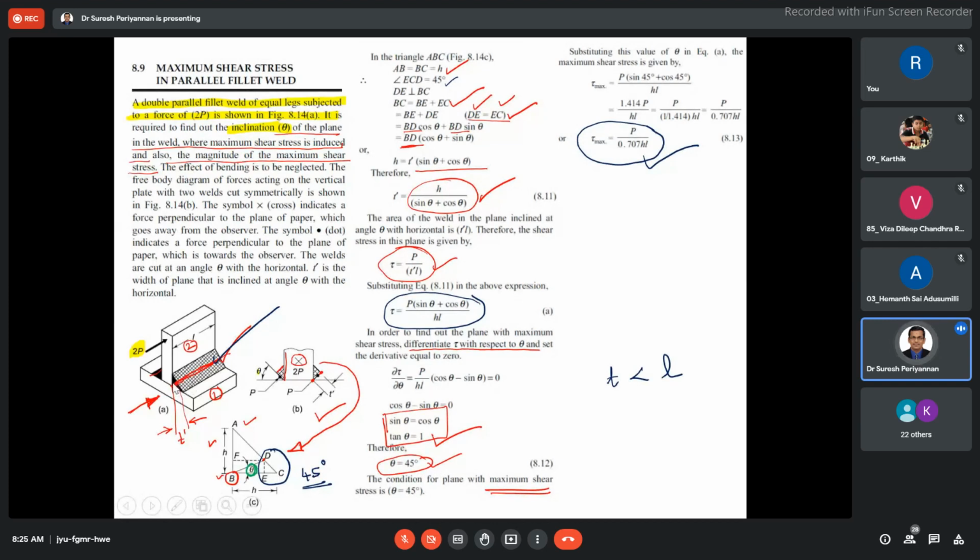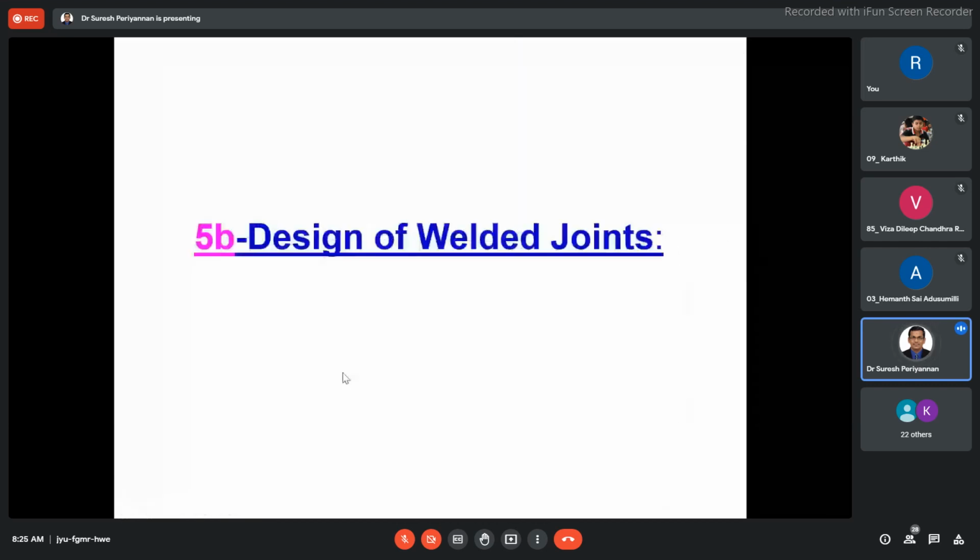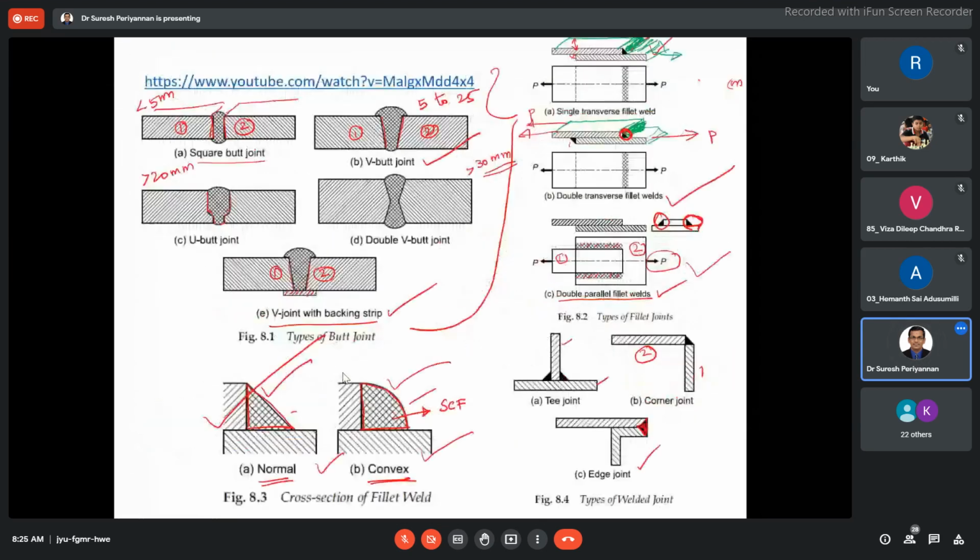When we fill the material, it forms these two types. We are considering only the triangular, normal weld, and the normal weld is better than the convex shape weld.